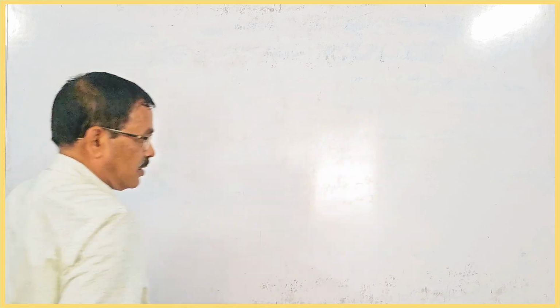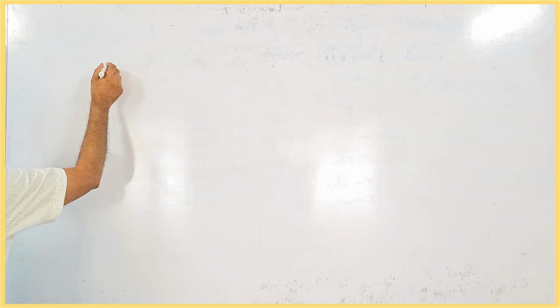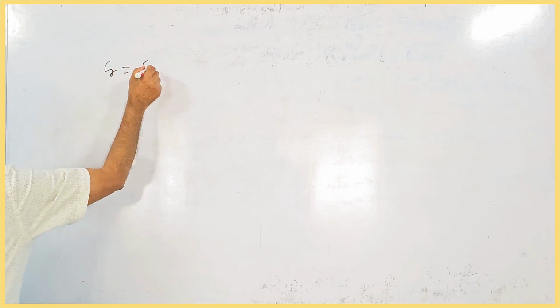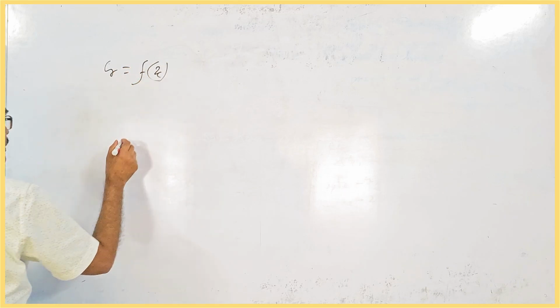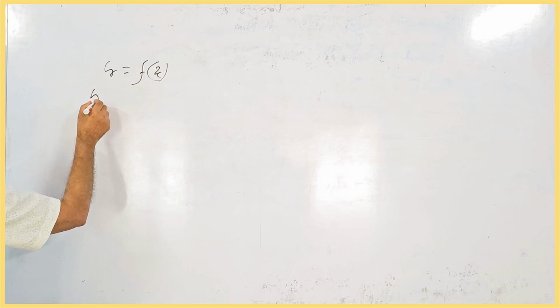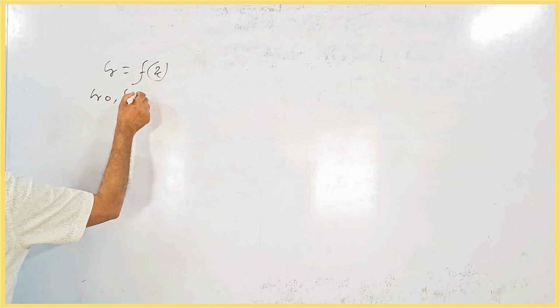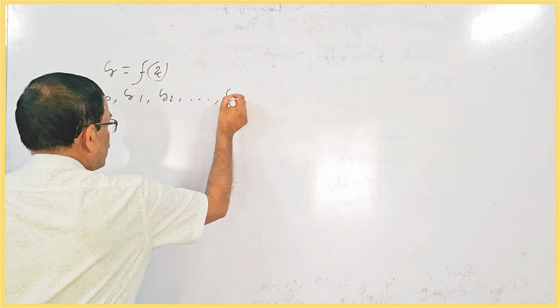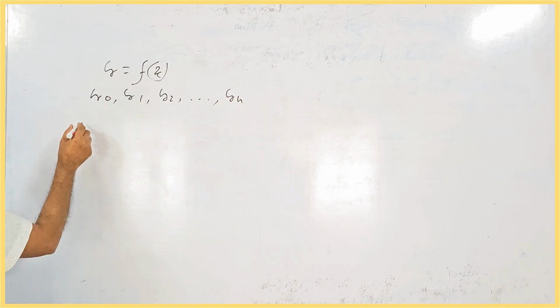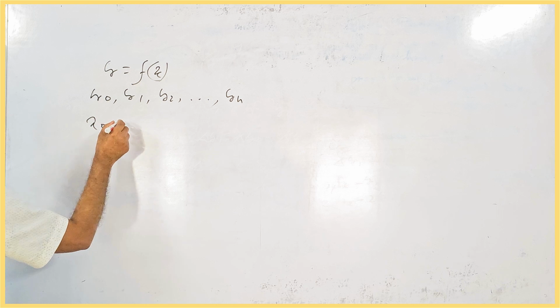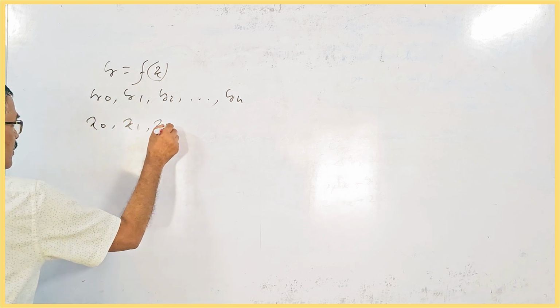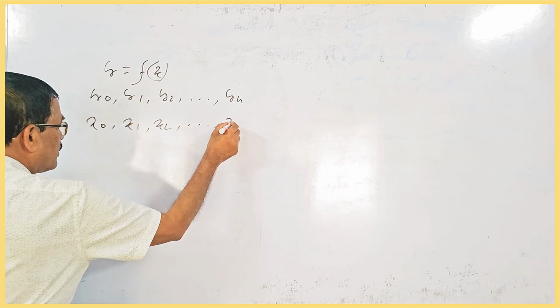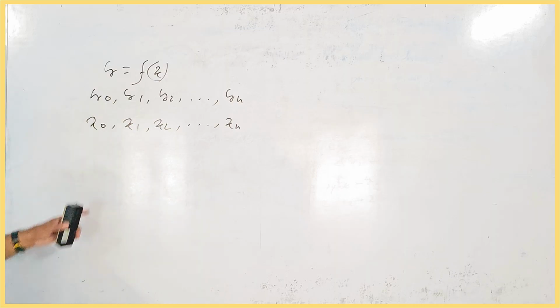Next then I will show you the horizontal difference. Again, let us consider y equal to f(x) be a function which takes the values y0, y1, y2 up to yn for the corresponding argument values x0, x1, x2 up to xn of the independent variable x.